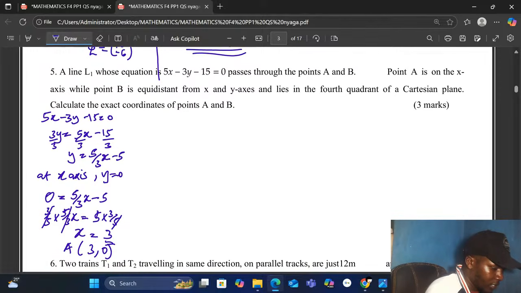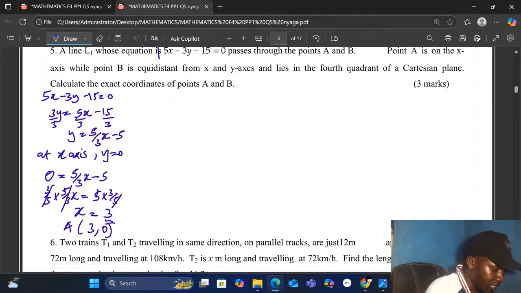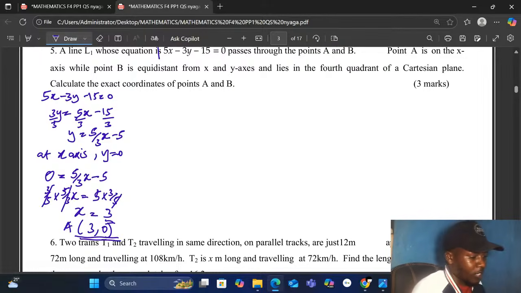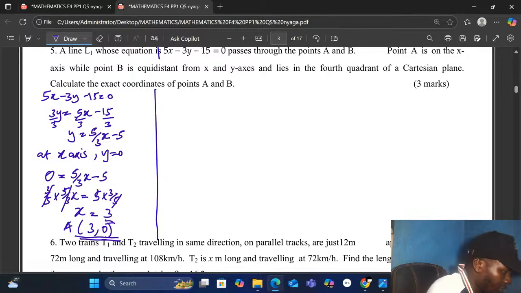So that is now the coordinates of A. Then we move to the coordinates of B. We look for the coordinates of B. Now to look for the coordinates of B, we have the equation y is equal to 5 over minus 5.